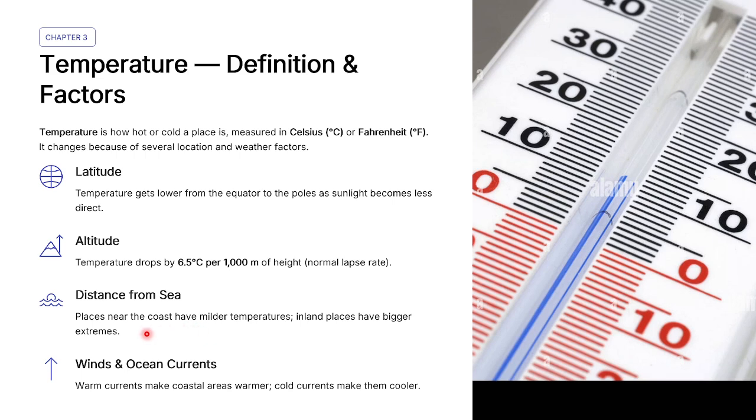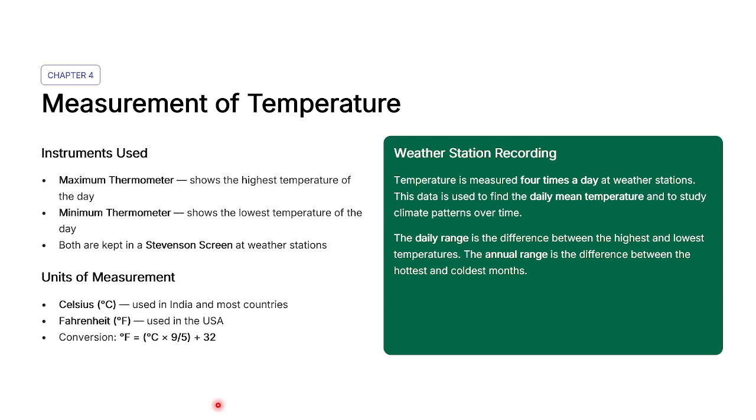Distance from the sea: places near the coast have milder temperatures, whereas inland places have bigger extremes. Winds and ocean currents: warm currents make coastal areas warmer, cold currents make them cooler.